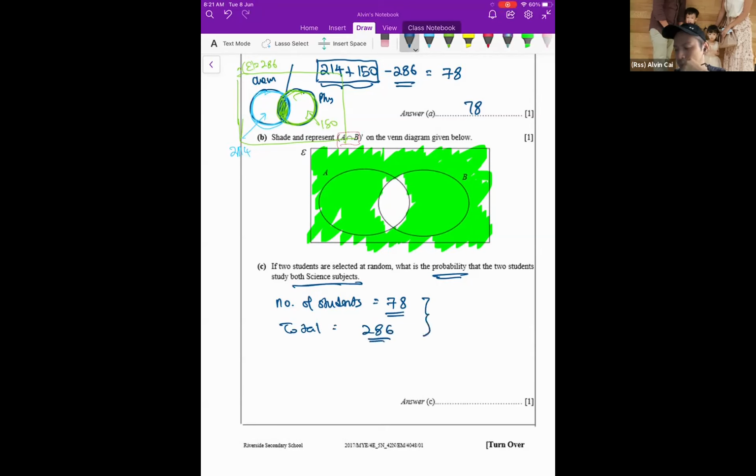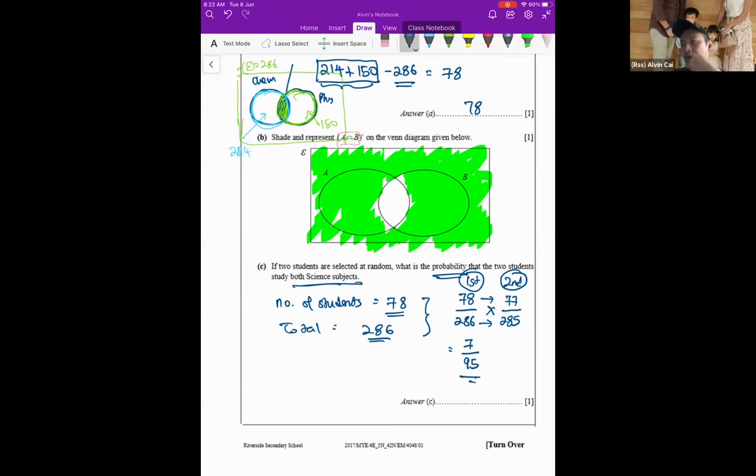With these two pieces of information, the probability of getting both is 78 over 286. This is the first student. And for the second student, because one student is removed, you are left with 77 over 285. Minus 1, minus 1. So the answer is 7 over 95.